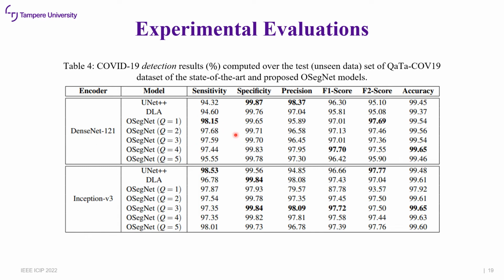You can see that this time the detection performance with the highest sensitivity is achieved by the Inception version 3 UNet++ model. On the other hand, with this encoder we have achieved the best precision with the OSegNet model when Q is equal to 3.